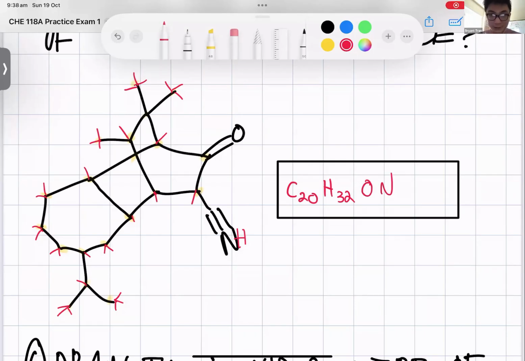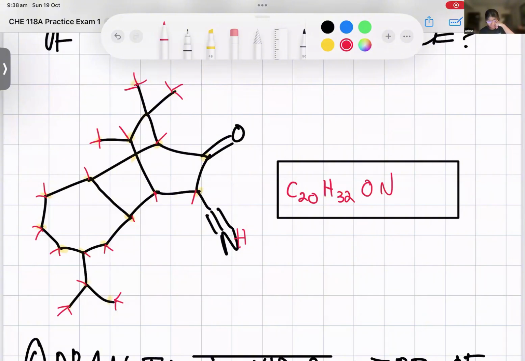You added one extra hydrogen, right? Okay, let me try and find it. I'll give you a hint. The hydrogens that you counted so far, there should be one formal charge of +1, but there's no positive charge. Look at the nitrogen.